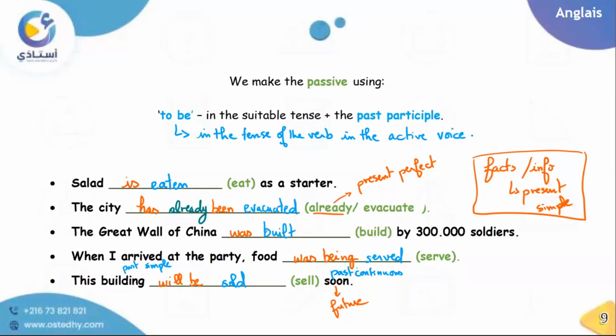You have dates, like 1964 or 2010, and we have signal words like now, for, since, ago, already. For example, already is the signal word of the present perfect.